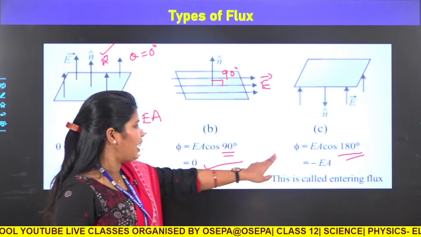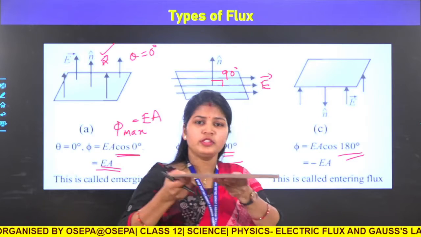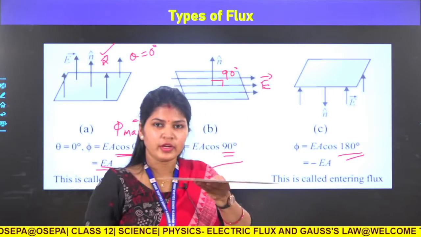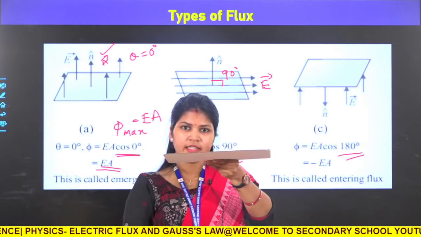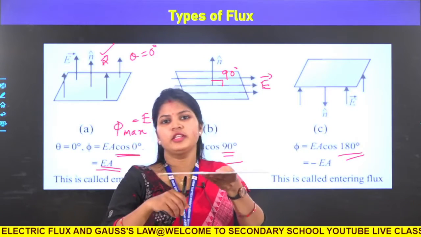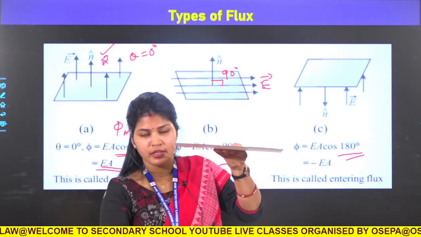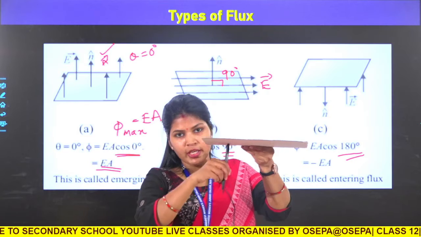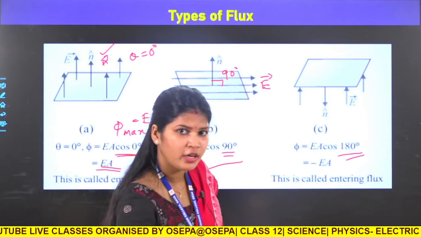See this, a third case, when theta is 180 degree. Suppose this is a plane surface and electric field lines are entering this surface, and the area vector is the outward normal. That means the angle between electric field and area vector is 180 degree, opposite.